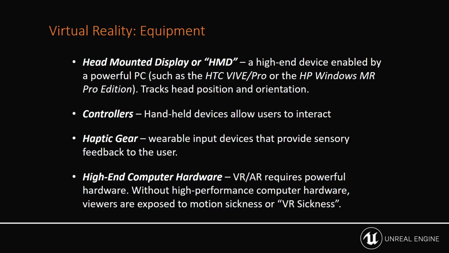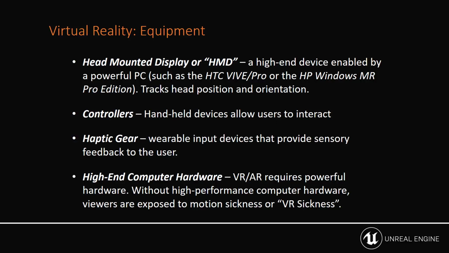Let's jump forward here to take a look at, continuing on our talk of virtual reality and the basics here, some of the equipment and how it relates to Unreal Engine. So we're going to see how we can use something like a head-mounted display, and what you'll often hear is a head-mounted display referred to as an HMD, and that's literally the acronym for a head-mounted display.